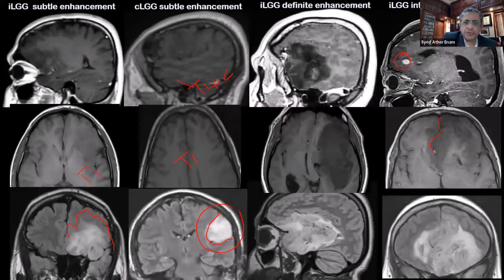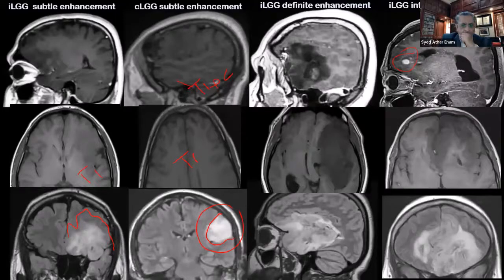So what it tells us is that GBM typically enhances a lot, but low-grade gliomas can enhance also, and it can be subtle enhancement, definite enhancement, or intense enhancement. But the chances of intense enhancement are less.